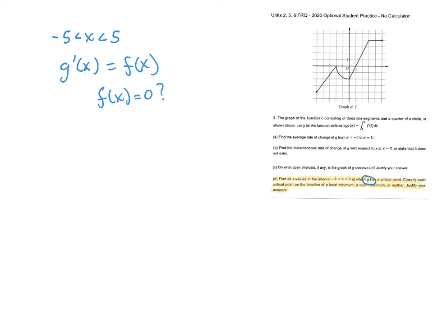We'll go to the graph. So we have a 0 here at, what is that, -2? And we have a 0 at 1. So from that graph, we just discovered that we have critical points at x equals -2 and x equals 1.